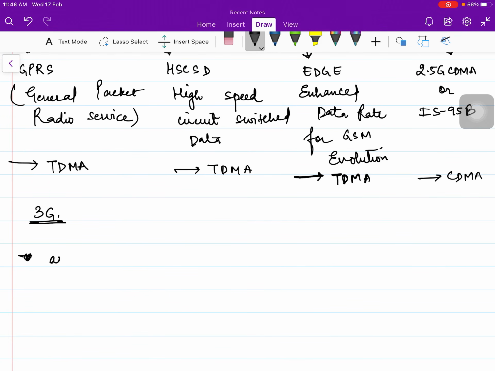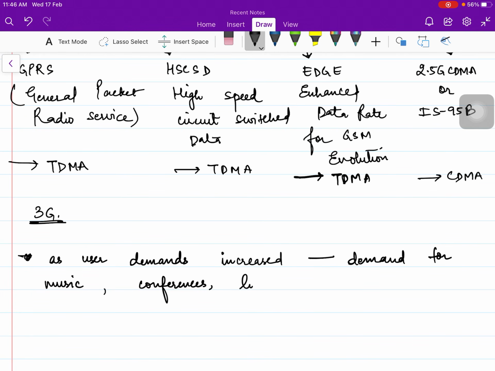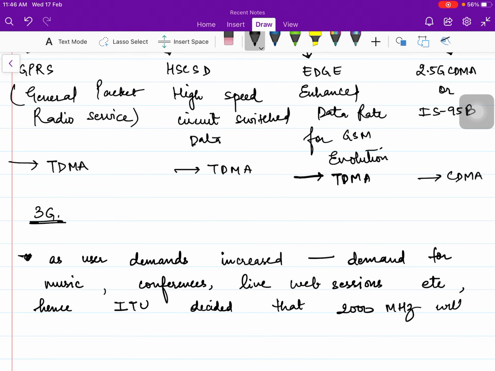So the first point is, as user demands increased, like demand for music, for conferences, for live web sessions where people can interact with each other, hence the International Telecommunication Union, note down the full form, International Telecommunication Union, decided that 2000 megahertz will be a common frequency which will be used worldwide.